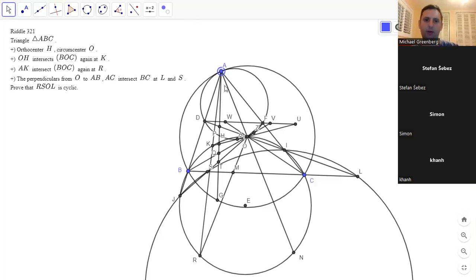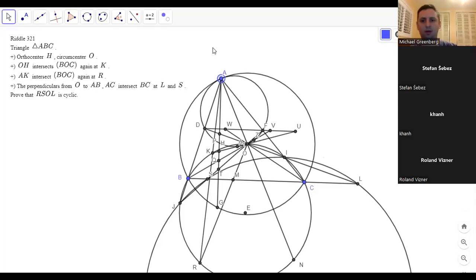Or we could try projecting onto AC. Although it's not clear where K goes then. I think that is okay, actually.